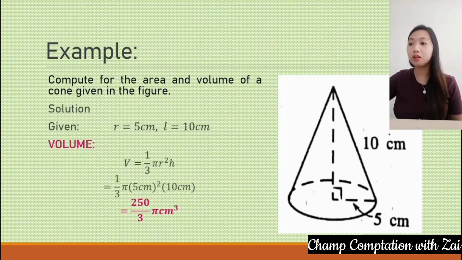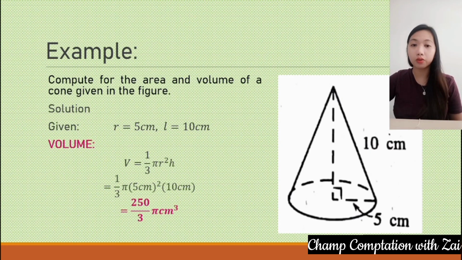For the volume, we have 1/3 pi r square multiplied by height. Again, substituting the values, we have 1/3 pi multiplied by 5 cm square multiplied by 10 cm. So we have 250 over 3 pi cubic centimeters. It's okay to use fractions.